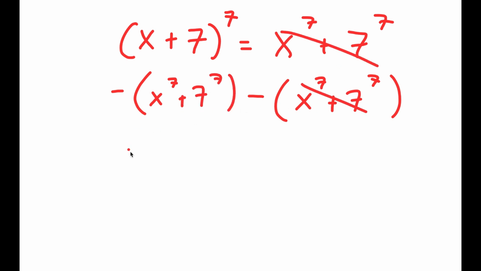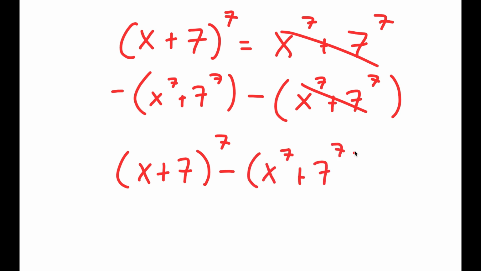So these two cancel out, and I get (x + 7)^7 - (x^7 + 7^7) = 0.